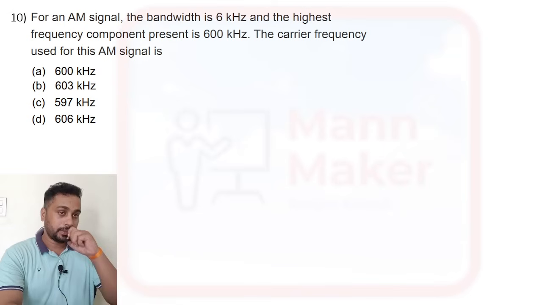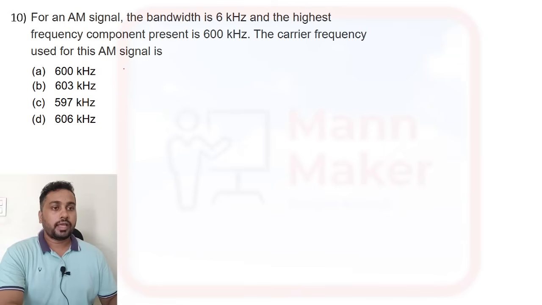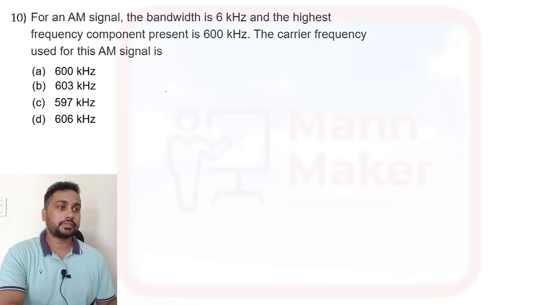Now the next one. For an AM signal, amplitude modulation signal, the bandwidth is 6 kilohertz and the highest frequency component present is 600 kilohertz. We need to find the carrier frequency.